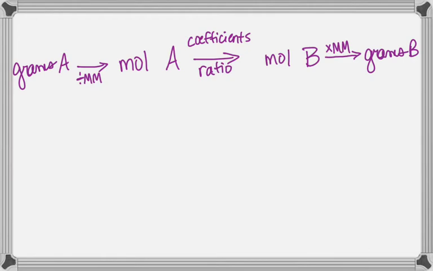So if I told you guys that aluminum and oxygen combine, so aluminum and oxygen are your reactants, write them in chemical terms, aluminum and oxygen.